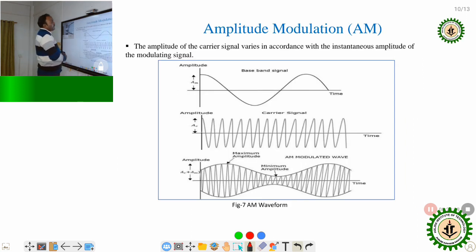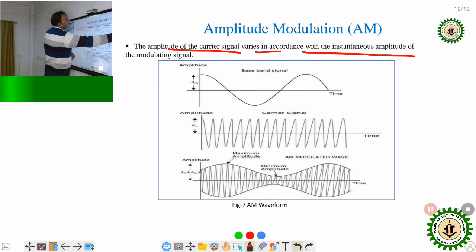Next, the amplitude modulation technique. What is the definition of amplitude modulation? The amplitude of the carrier signal is varied in accordance with the instantaneous amplitude of the modulating signal.